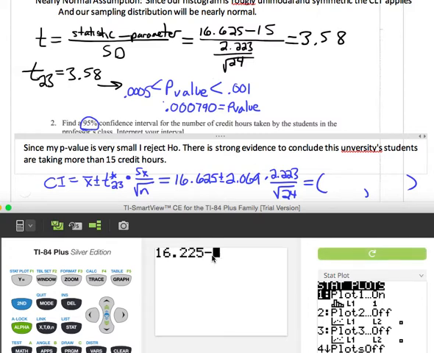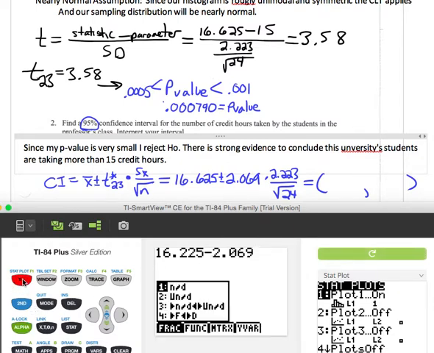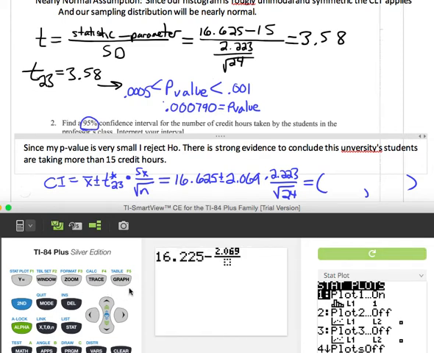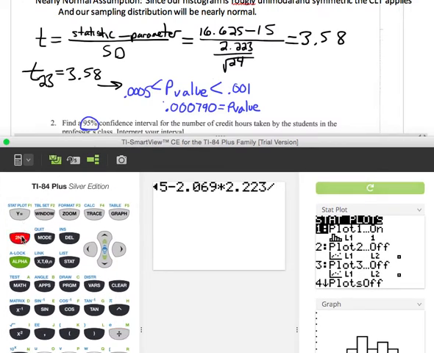16.625 minus 2.069 times 2.223 divided by the square root of 24.